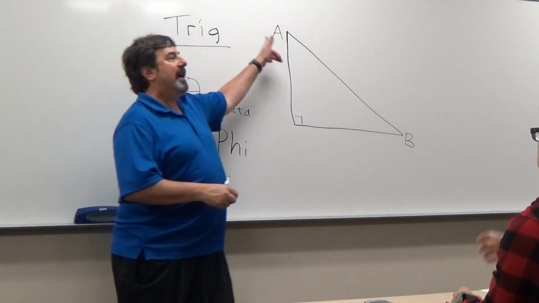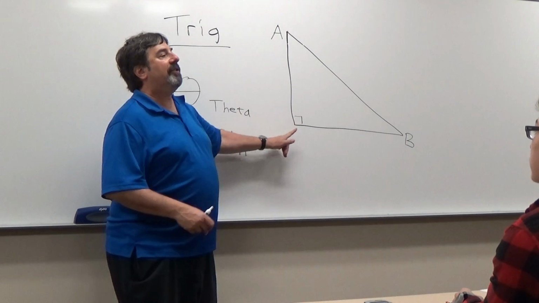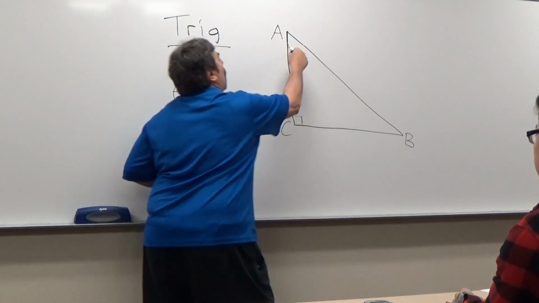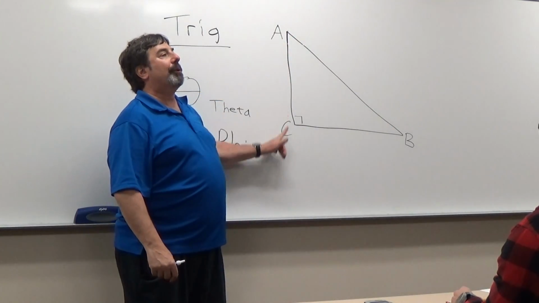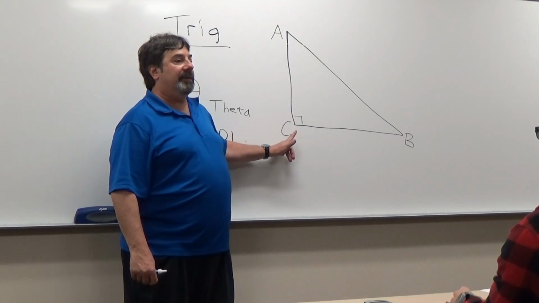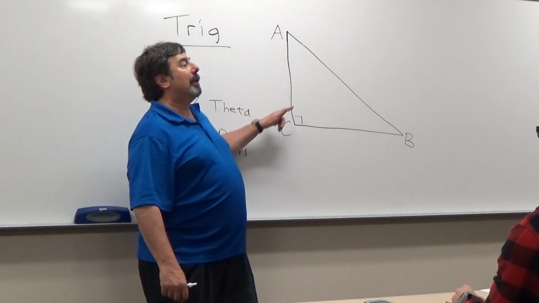The angles have to be uppercase, capital letters, and the right angle has to be angle C. These two angles, either one could be A or B. I could have labeled this one A and this one B, but the right angle has to be C, and the reason for that is the side directly opposite the right angle has to be lowercase c.